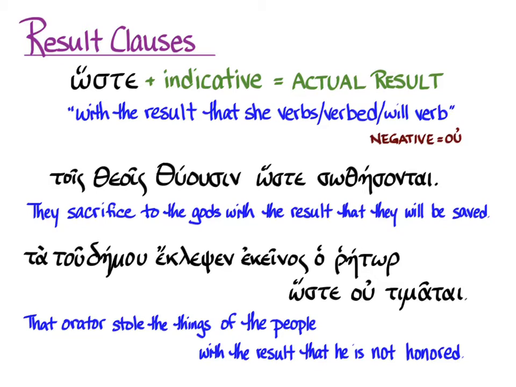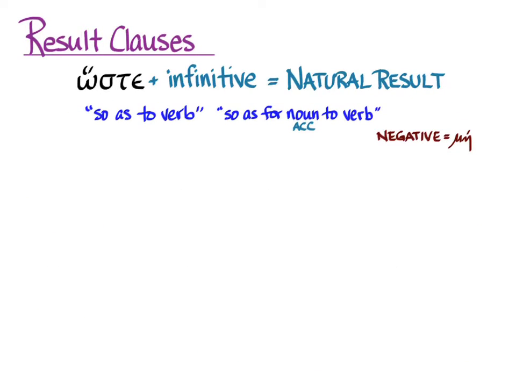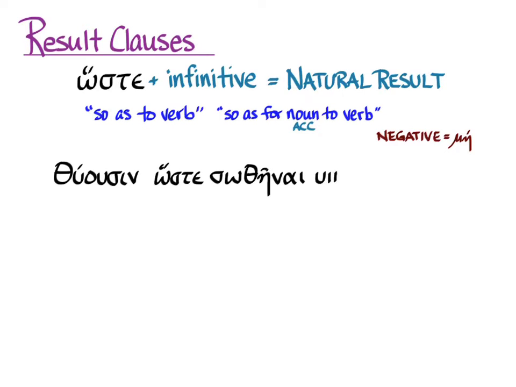Let's go ahead and go on to the other kind, which are natural result clauses, where we'll have hōste again, which will signal you that you're looking at a result clause, but this time with the infinitive as the verb of the clause. So here's an example. Thuousin hōste sōthēnai hupo tōn theōn. Our main clause is "they sacrifice."